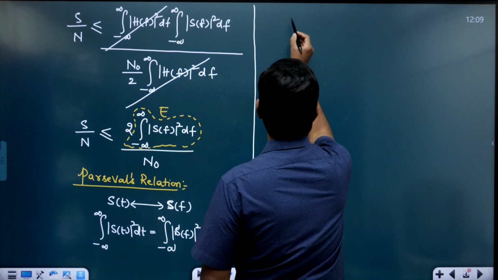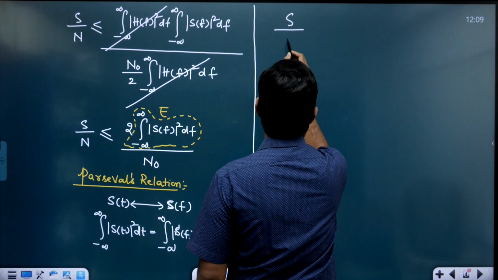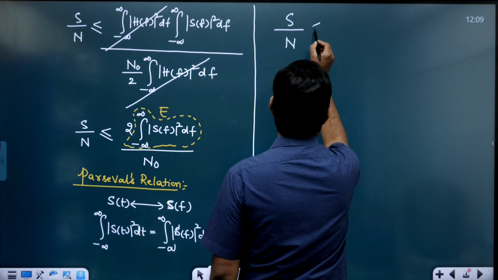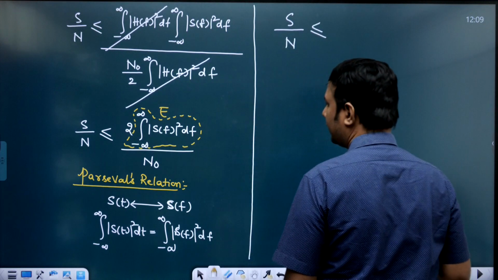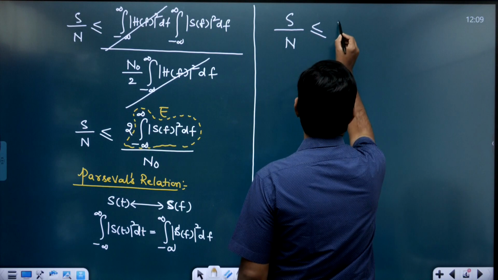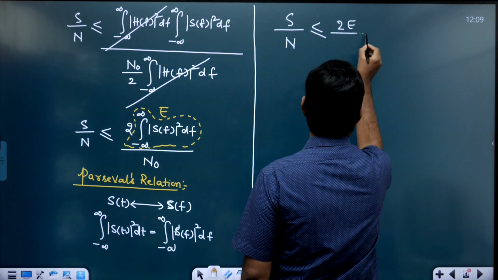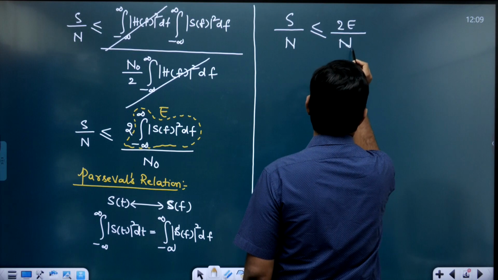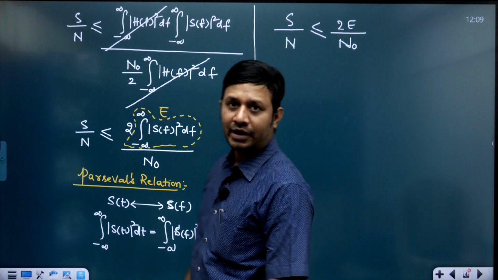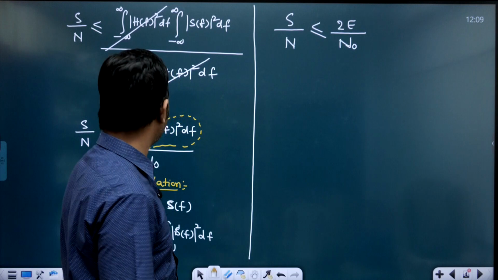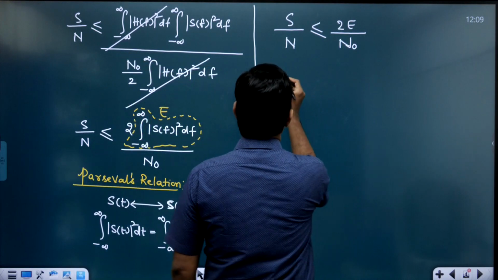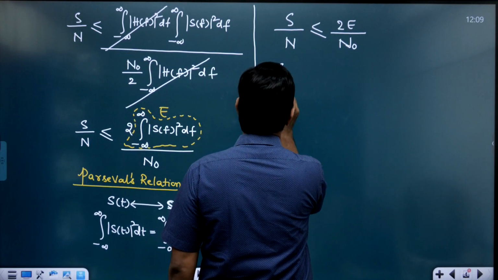Right? If I separate these two, observe here, how can I write this expression? Signal power by noise power is less than or equal to 2E by N0. Okay, now if signal to noise ratio is less than or equal to 2E by N0, what is the maximum signal to noise ratio?